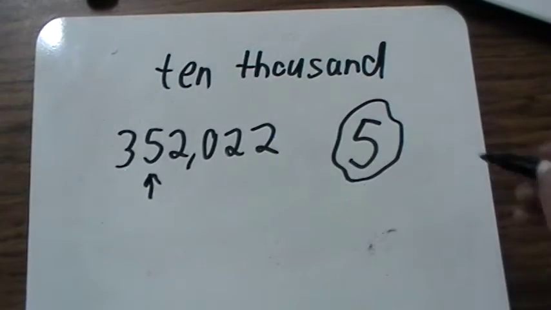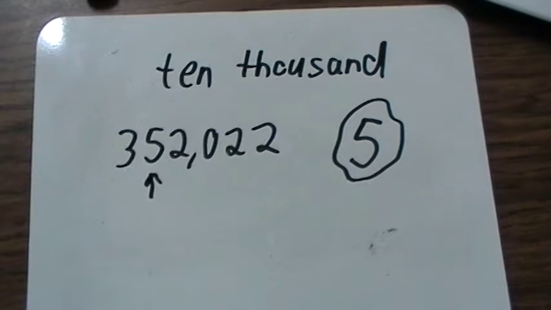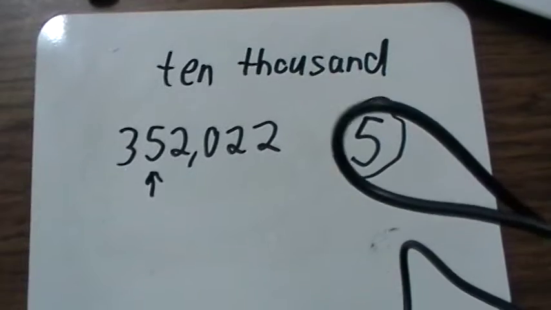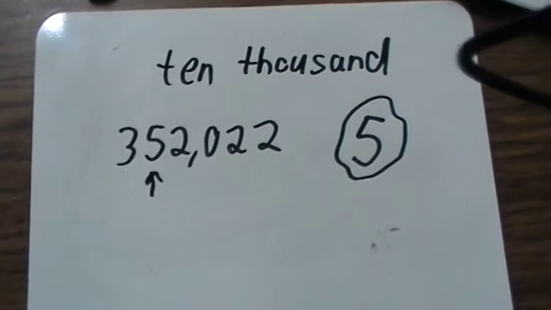The rule of the magic 5 tells me that if the number is smaller than 5, I'm going to round down. But if the number is bigger than 5, I'm going to round up. And you might be looking at that and be asking, well, Mr. Ivan, which exact number am I looking at? And that's a fair question.